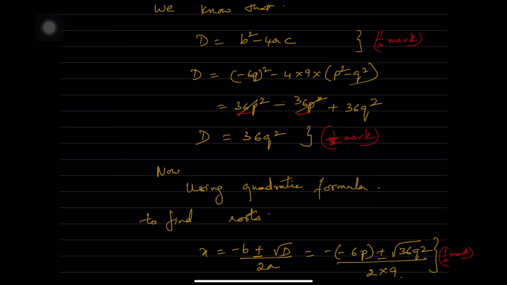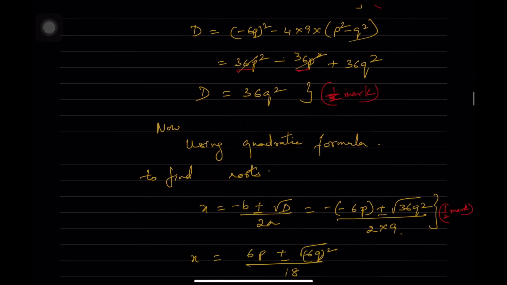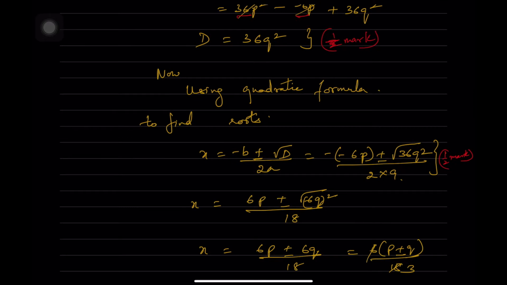Now using the quadratic formula to find roots, x is equal to minus b plus or minus root D by 2a. So you are getting minus of minus 6p, plus or minus root of the discriminant which we got, 36q square, by 2 into 9.